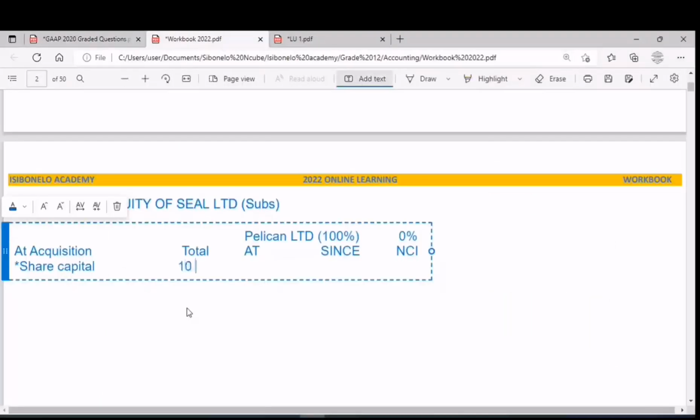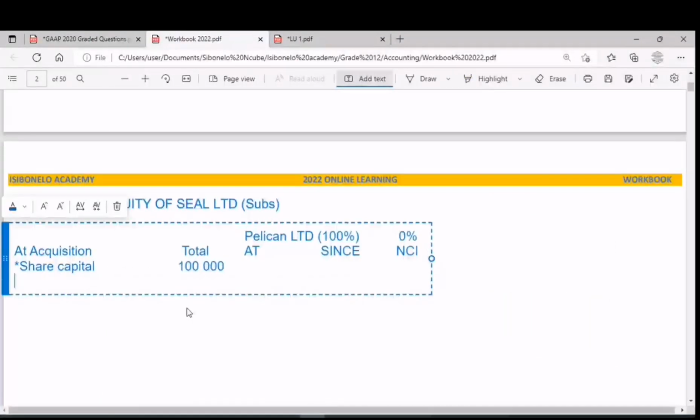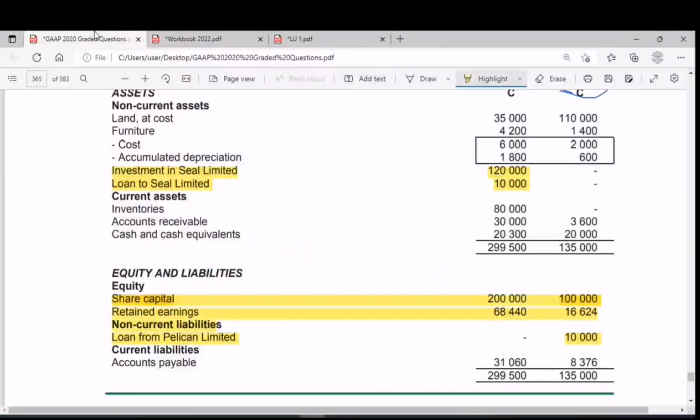So sizothatha the 100,000. Then yiphi enye equity account esinayo? Retained earnings. Ukhumbule yonke into esiyenza lana siyenza at acquisition. So i-balance ka-retained earnings at acquisition, le balance sheet esinikezwe lana eyangomhla ka-30 June, that is after acquisition.